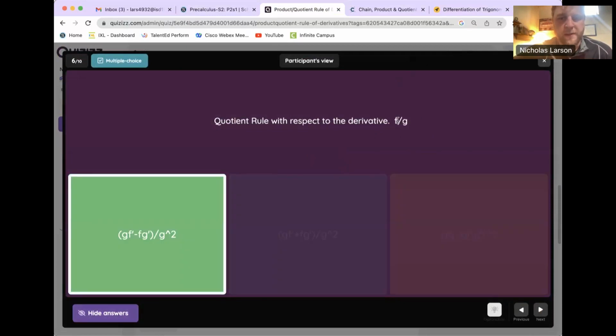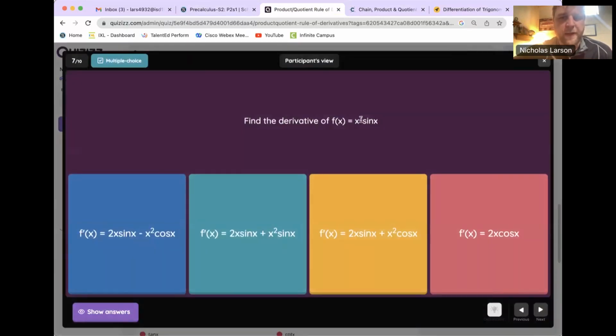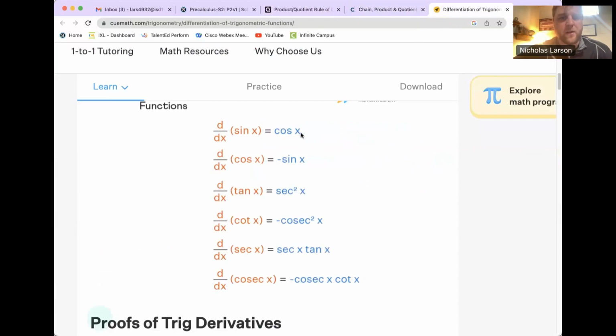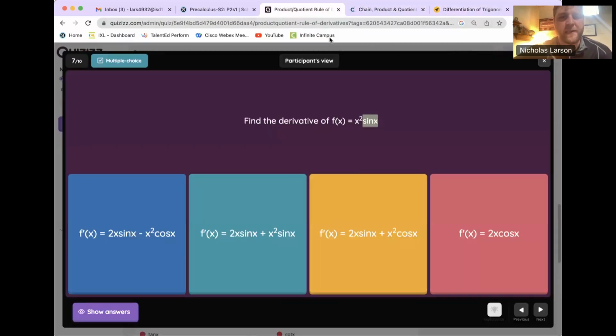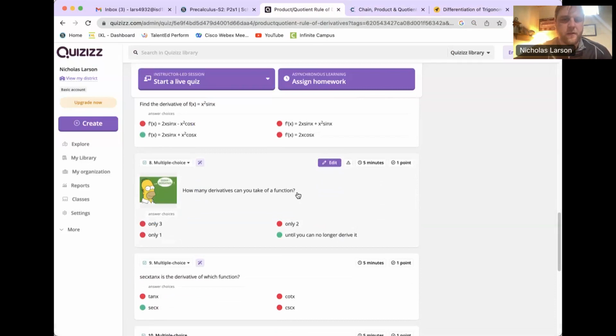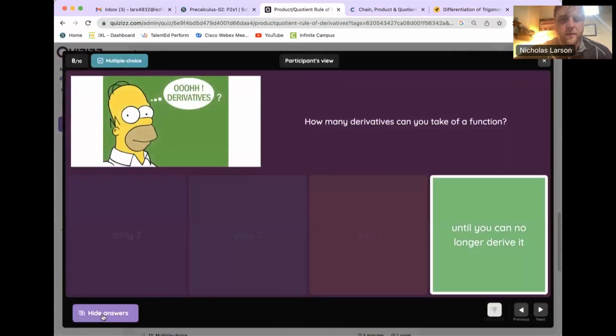And again, notice what's on top, what's the high, what's the low. So again, I'd have to be able to determine what is the derivative of x squared. It's 2x. What's the derivative of sine x? It is cosine x, excuse me. The derivative of sine x is cosine x. Once you know that, you can go ahead and solve it.